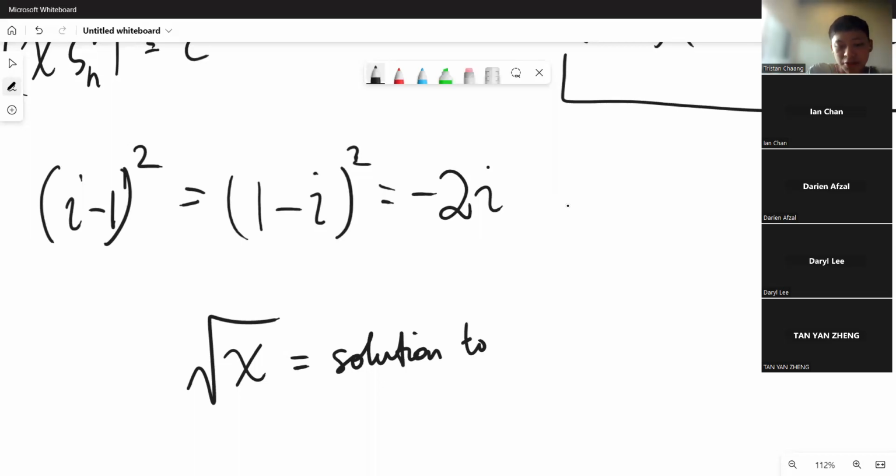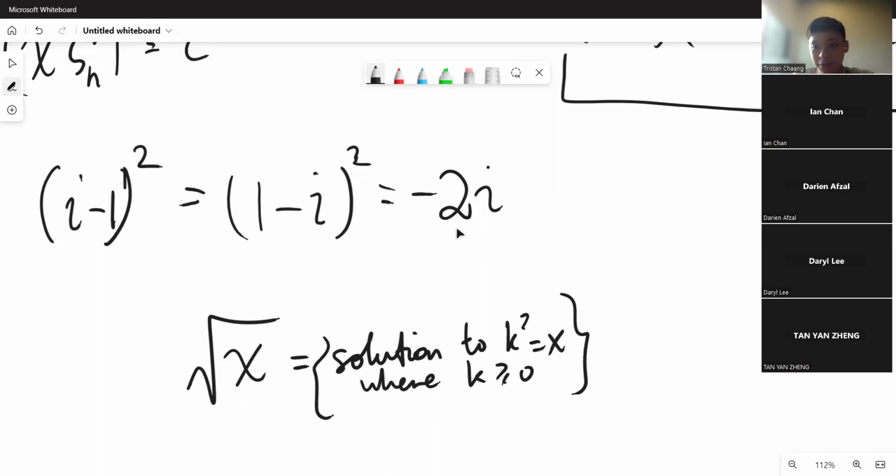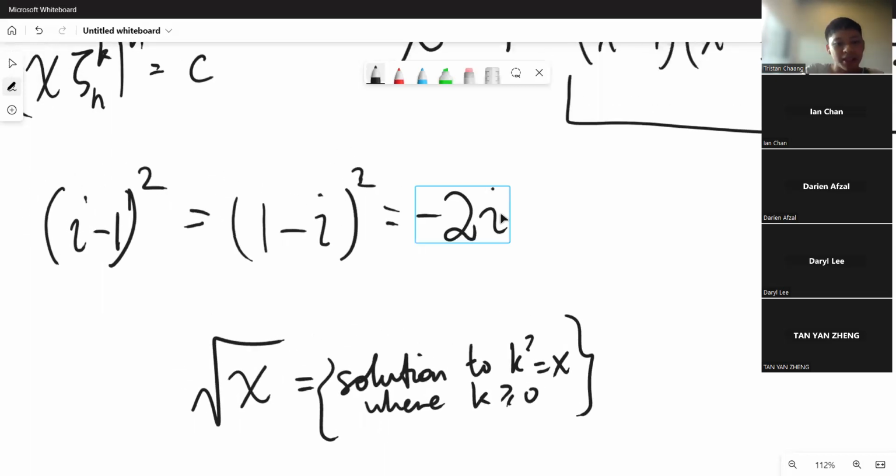the definition is the solution to k squared equals x, where k is greater than or equal to 0. This is the definition of square root in the real numbers. You can extend this to 1 over n: this is the solution to k to the power of n equals x, where k is greater than 0.